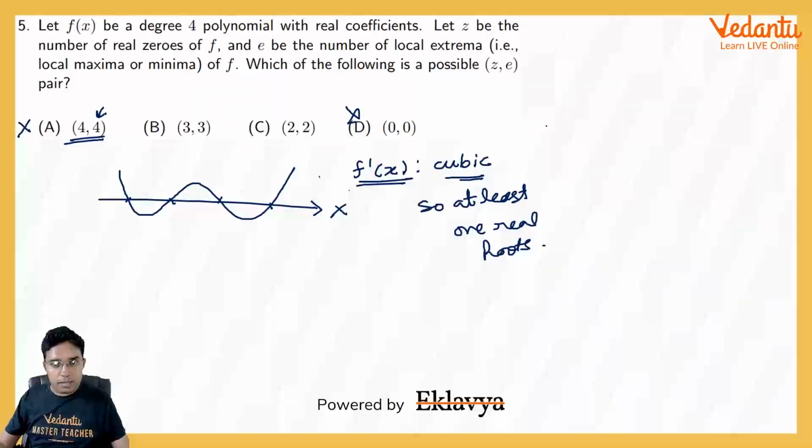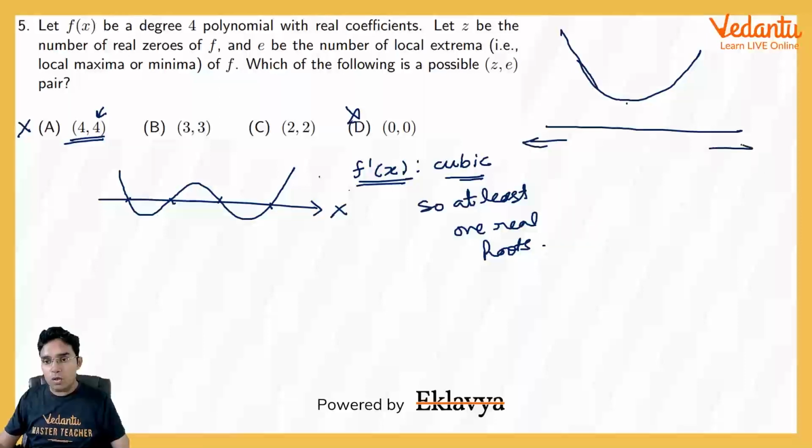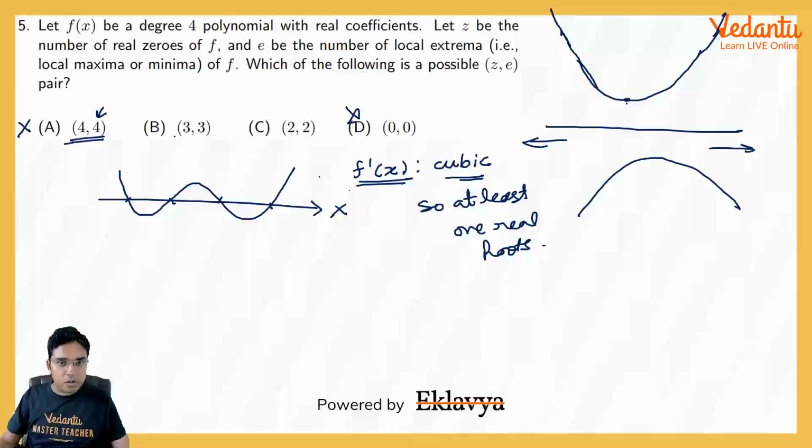Okay, you can see if it's a 4 degree polynomial, if it is having 0 roots, it will be like this. On both ends, x going to minus infinity or x going to plus infinity, because it's an even degree polynomial, both ends it will be going towards infinity. So in between there has to be 1 point of maxima or minima depending upon what is my leading coefficient. So this d is not a possibility. Now let us think about b.